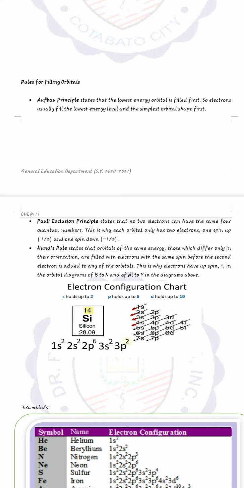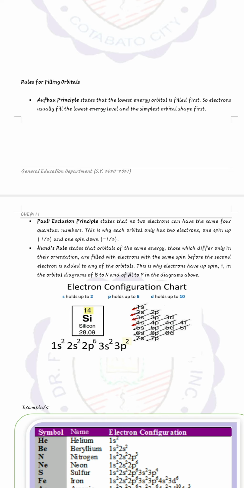So meaning to say, in Aufbau principle, it basically follows the lower energy, since it is the lower energy atomic orbitals, or the nearest energy level, which is the nearest to the nucleus, so that it makes lower. So nagsusunod si Aufbau principle that the energy level will start in the lowest orbital to the higher orbital. So that is the Aufbau principle.